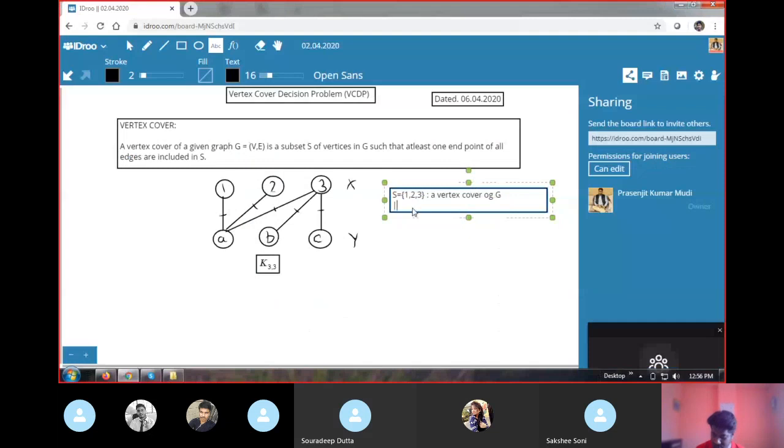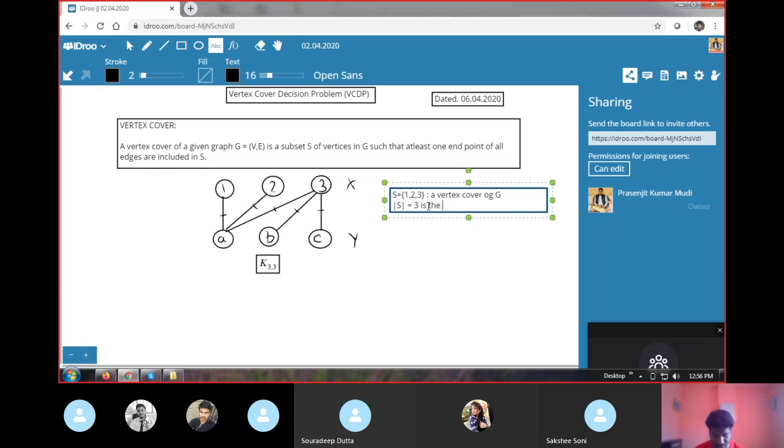So we have S equal to 3 vertices in this case. The size of the vertex cover is 3. The size of a vertex cover is defined as the number of vertices in that vertex cover. In this case it is 3.